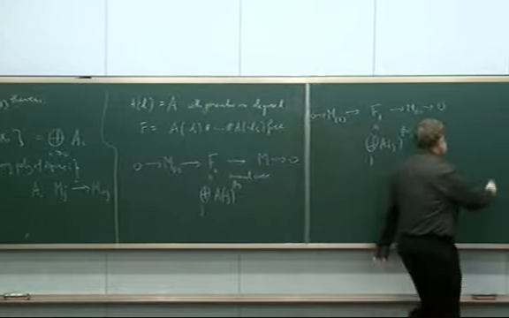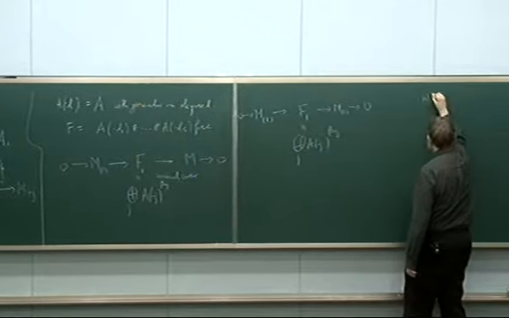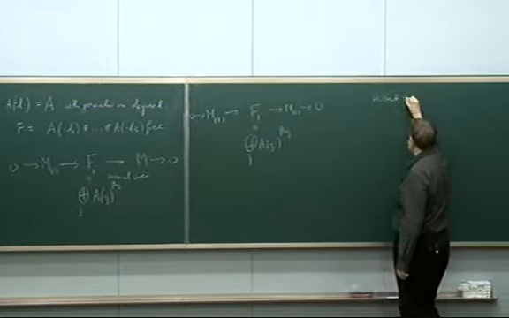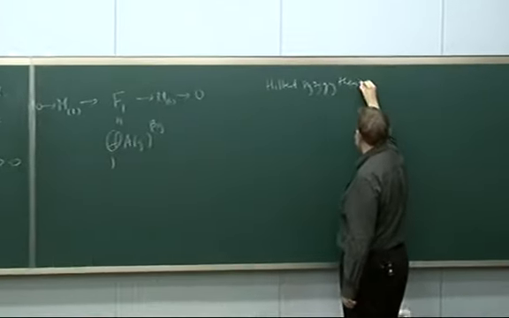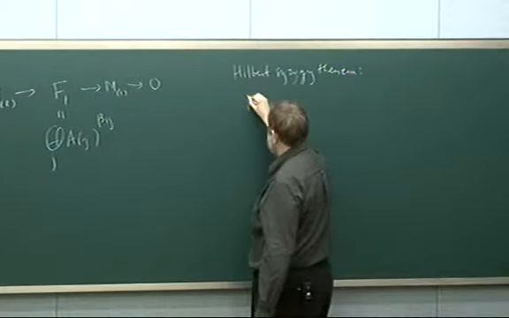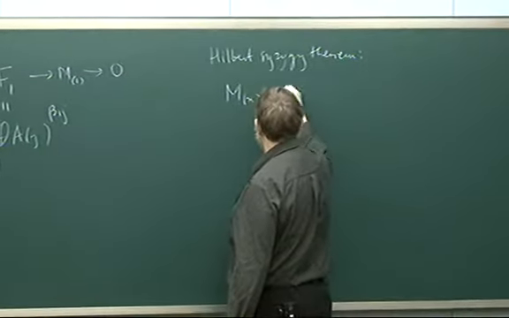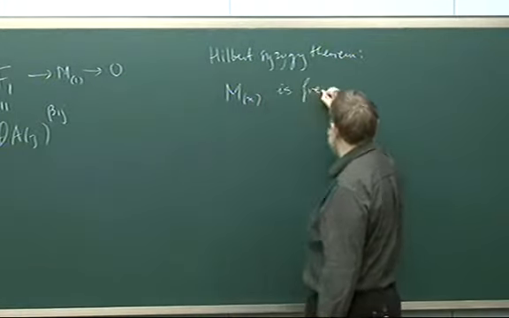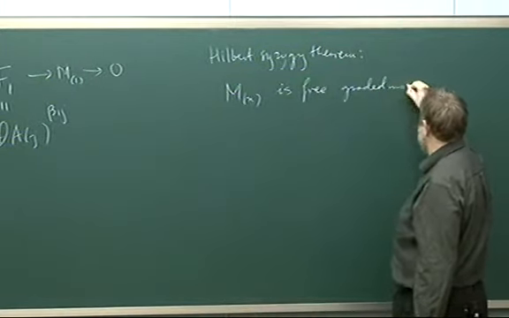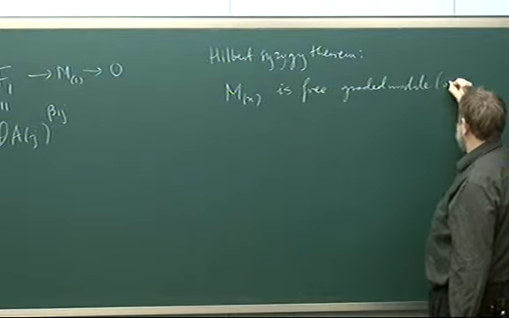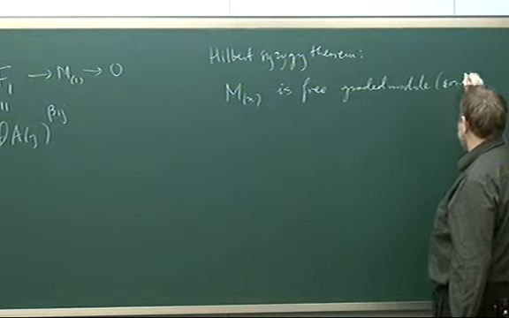So Hilbert Syzygy theorem: Mn is a free graded module. It could be 0 already earlier.